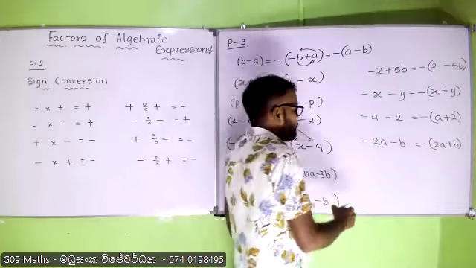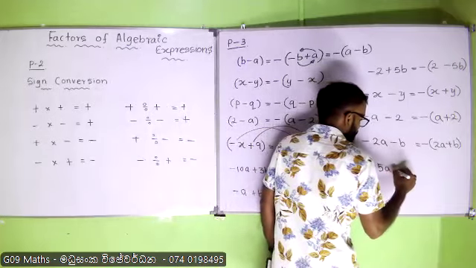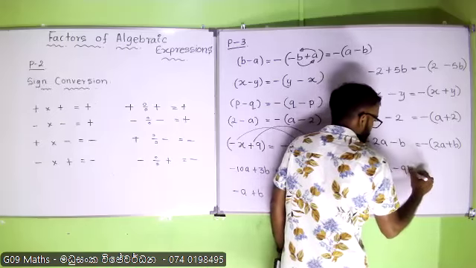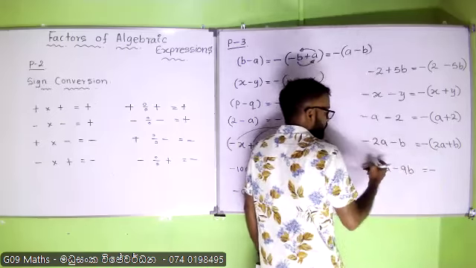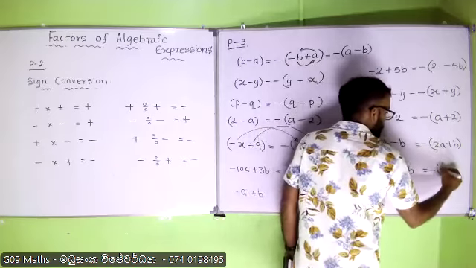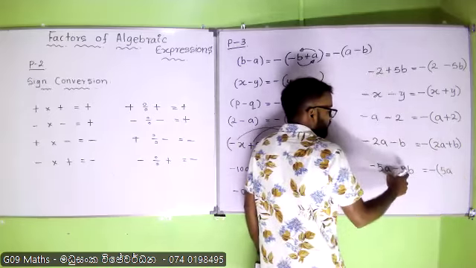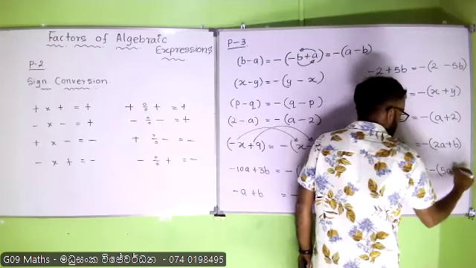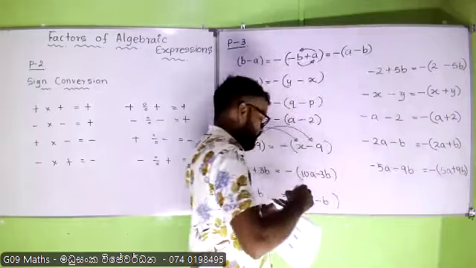Negative 5a minus negative 9b. Take the negative sign out. Negative 5a becomes positive 5a inside the bracket. Negative 9b becomes positive 9b. Done.